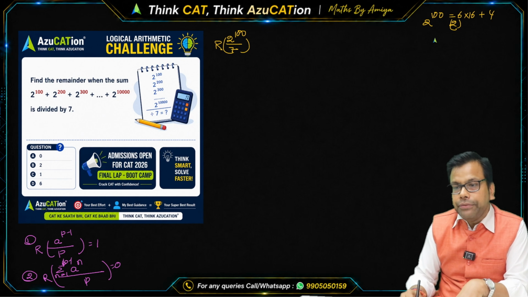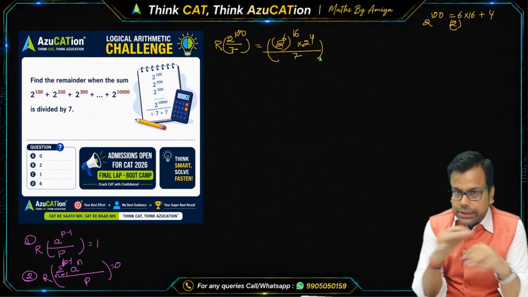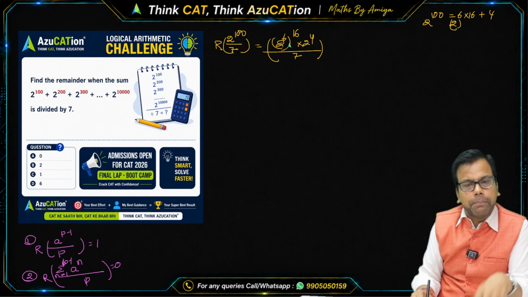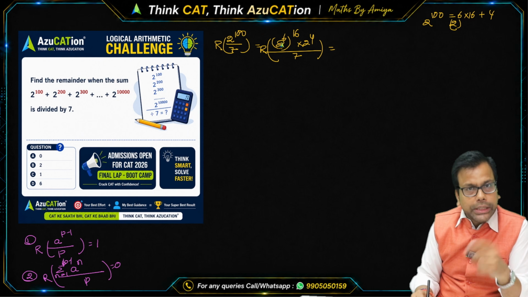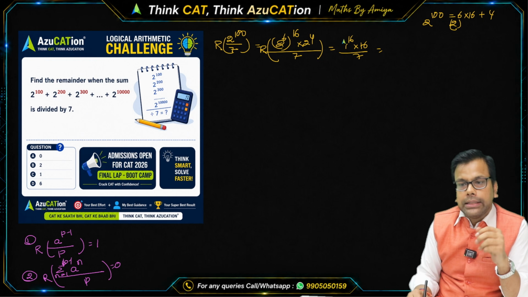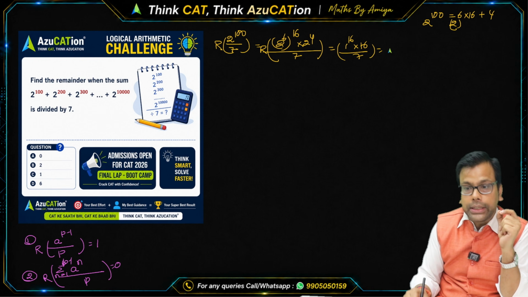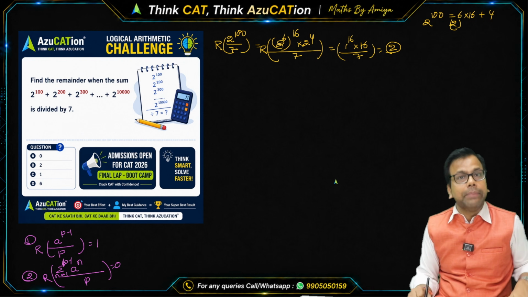Can we write this value as 2 raised to power 6 raised to power 16 into 2 raised to power 4, divided by 7? 2 raised to power 6 will give a remainder of 1. So 1 to the power 16 into 2 raised to power 4, which is 16, divided by 7. 7 divides 2 times till 14. The remainder is 2. So we got the remainder 2.